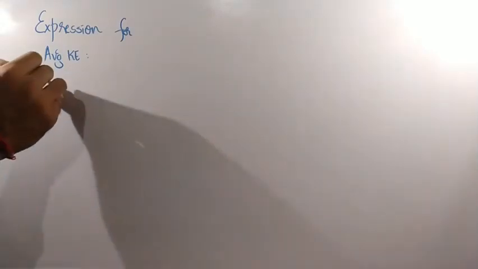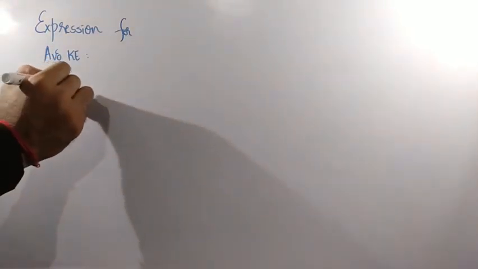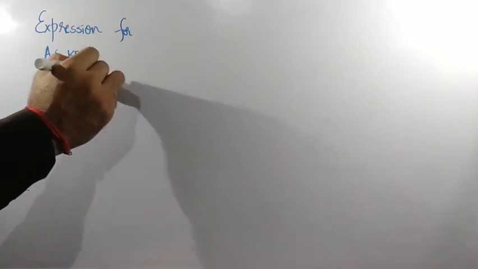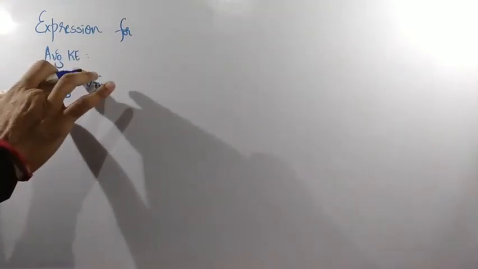Now, what is the equation we got earlier? P is equal to 1 by 3 rho V RMS square. This rho you can change it to M by V. Let's change it to M by V.